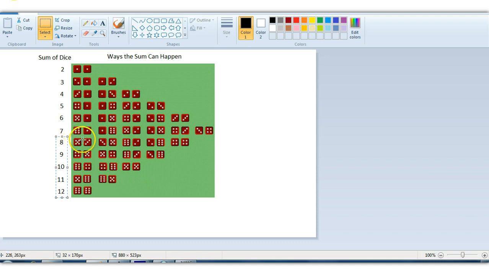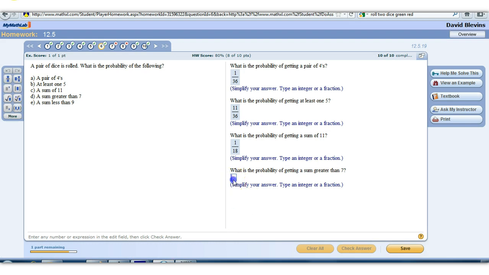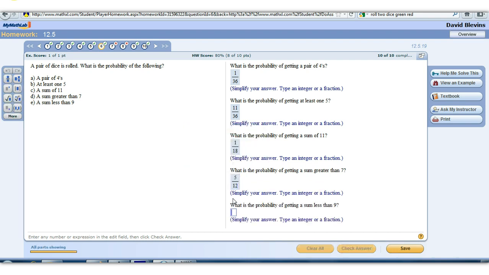And there's 1, 2, 3, 4, 5, 6, 7, 8, 9, 10, 11, 12, 13, 14, 15 of the 36 that satisfy that. So 15 out of 36. And then don't forget to reduce. These are both divisible by 3, so 5 over 12 when we reduce it.